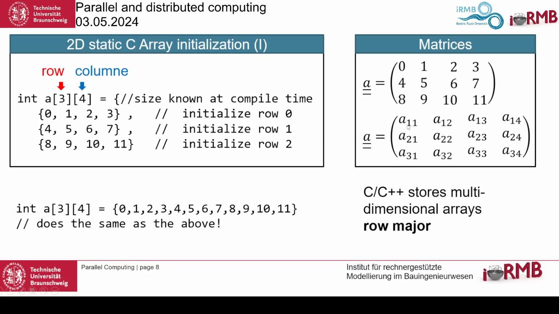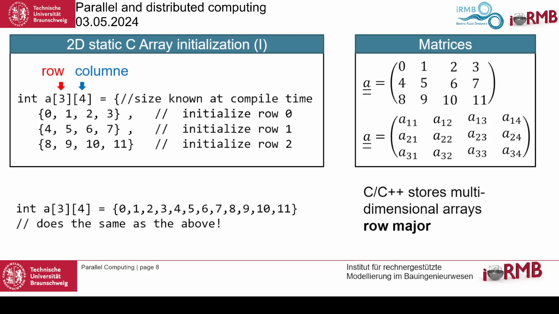And because the row is stored together, we call this row major. C and C++ are so-called row major programming languages because the rows are stored together. We start with the rows.